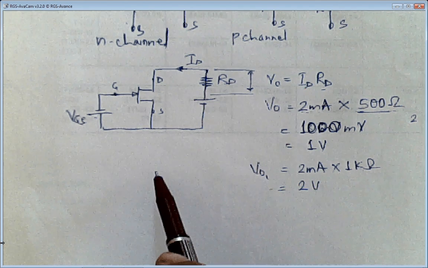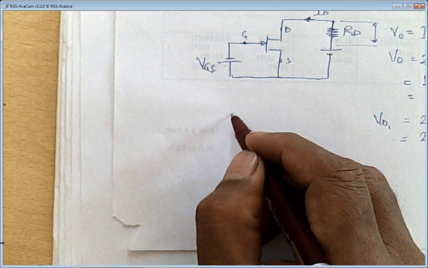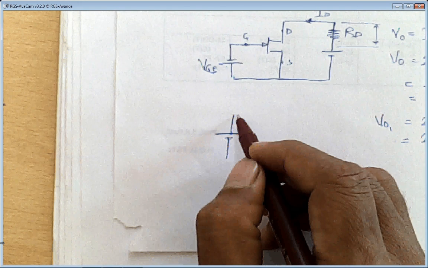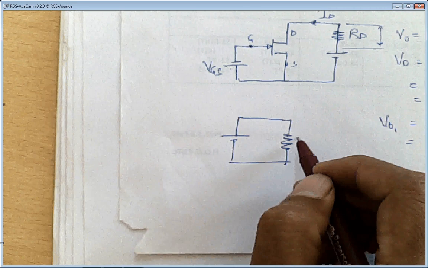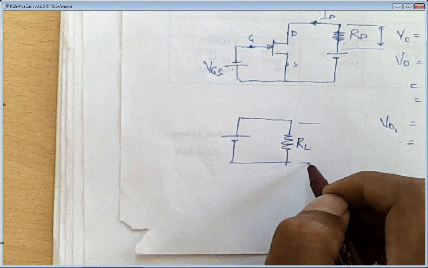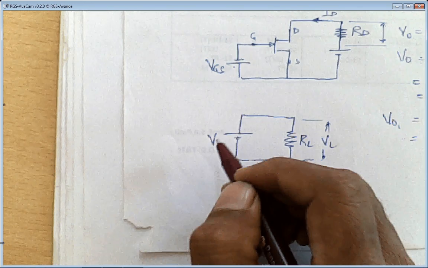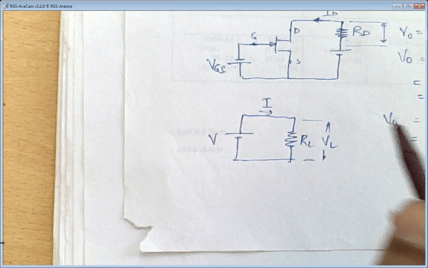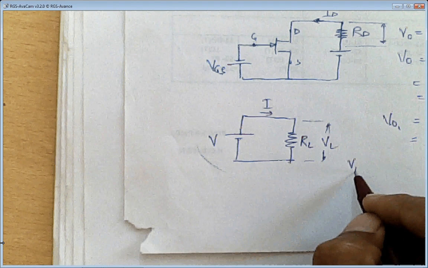Now you must be confused why this does not happen in a simple circuit. Let us say a voltage source V, a resistance RL, and we are taking output voltage VL across this RL, with some current I. So according to this, I can write VL equal to I into RL, isn't it?